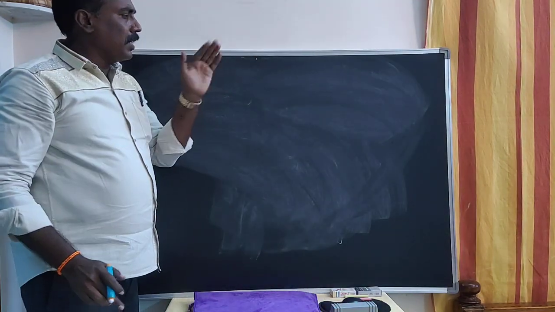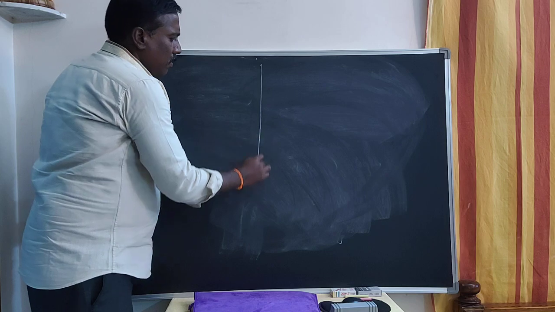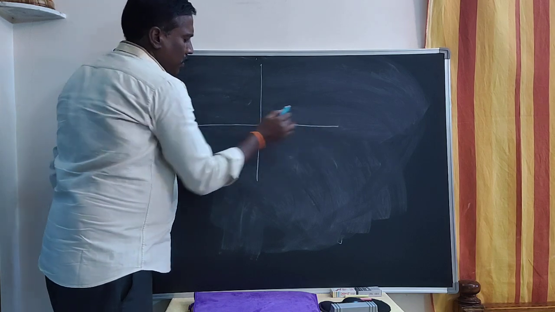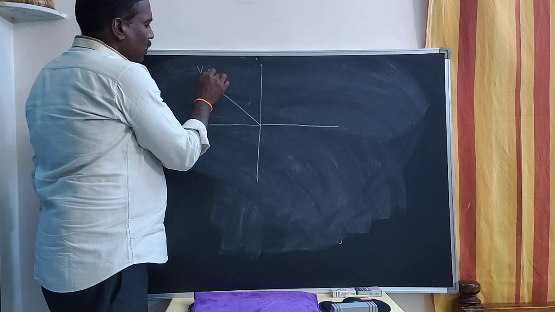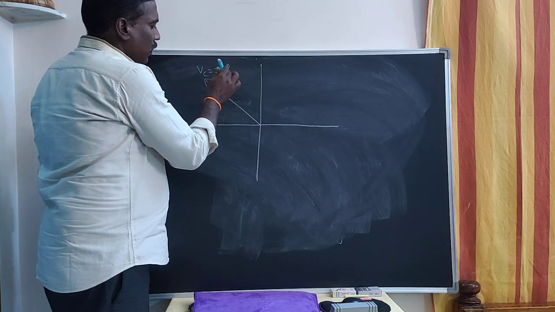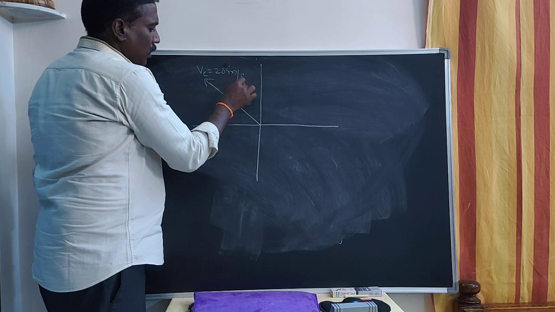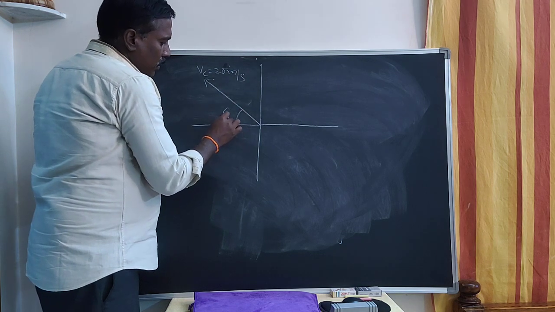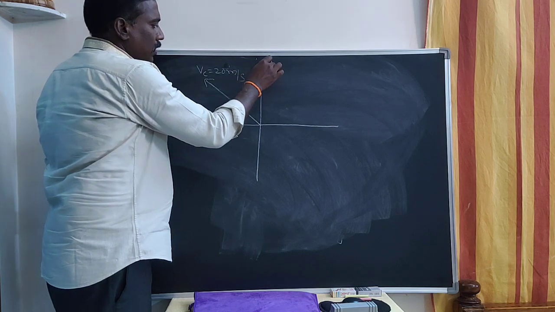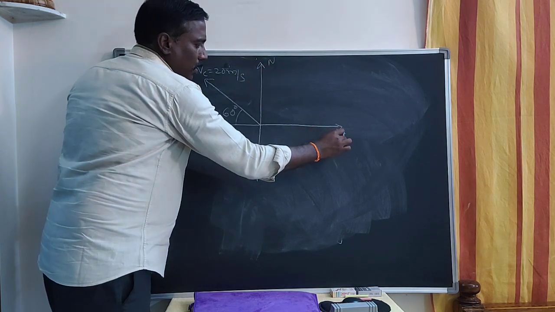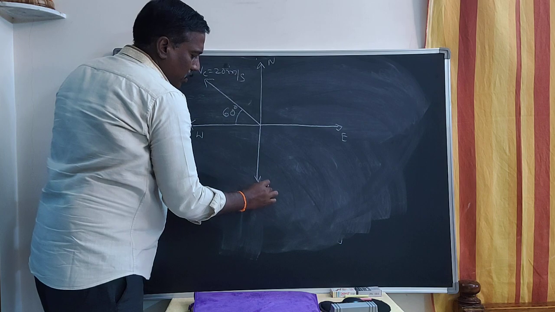Representation of the directions. Suppose a car is moving with velocity 20 meters per second, making an angle of 60 degrees with west. This is north, this is east, this is south.